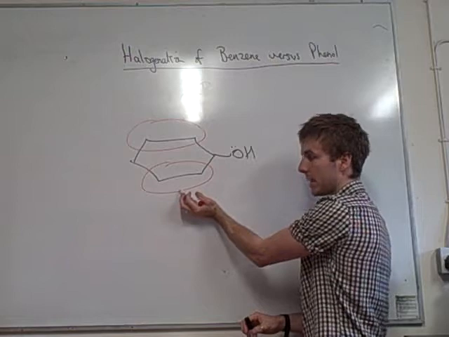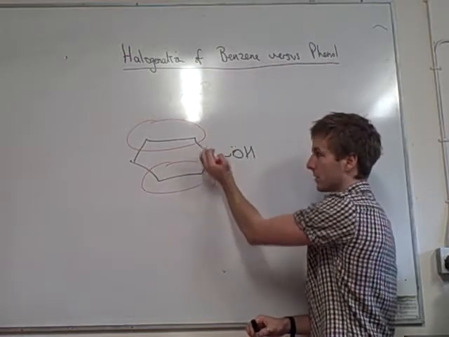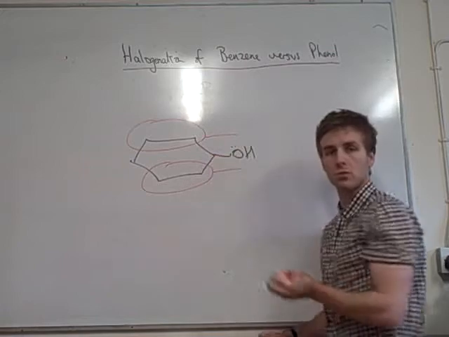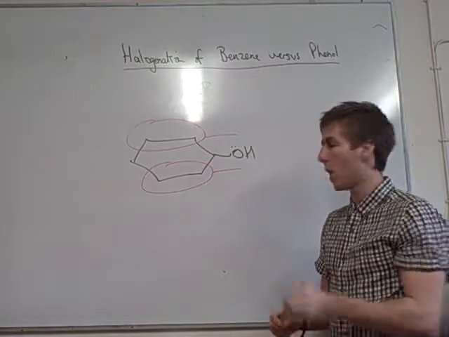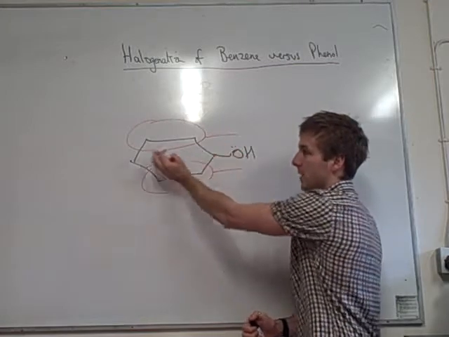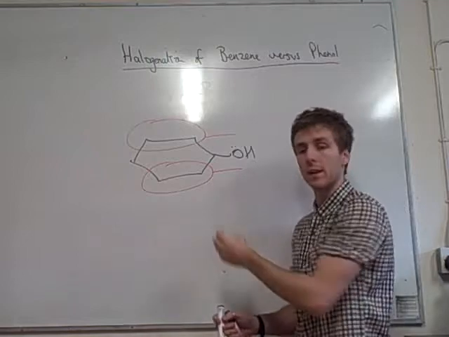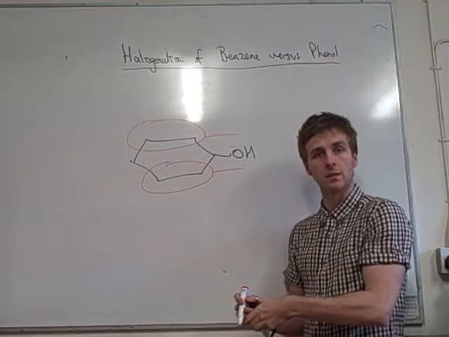And just like we did here, this p orbital will overlap with these rings, extending the ring structure. It's a bit like a tennis racket. And when it does that, we have this extra lone pair of electrons added to my delocalized ring system. So more electrons, more negative charge, more electron density.